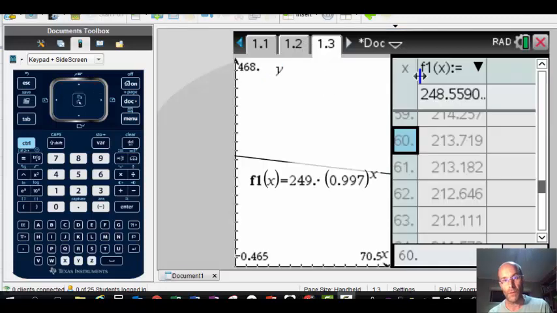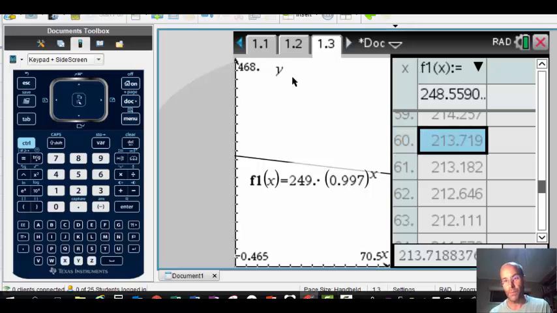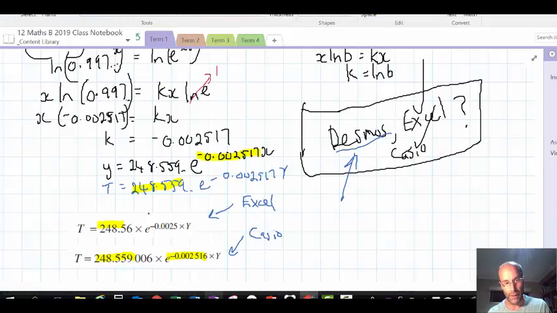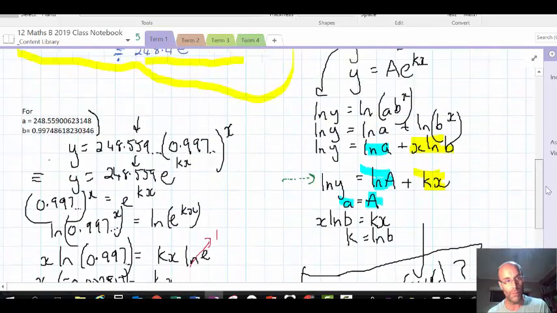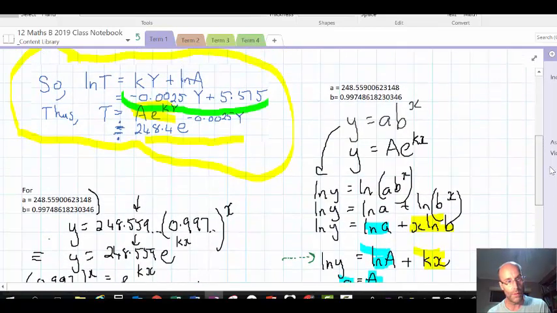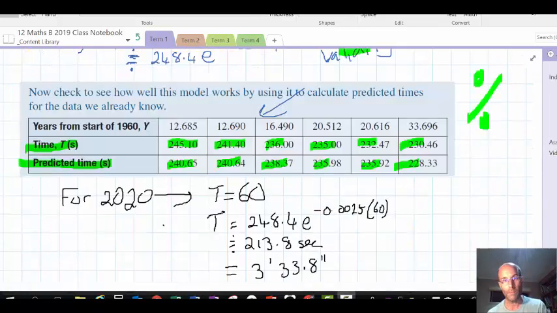So just plotted F1 and got the window right, and found out that was 213.72. So just borrowing that and pasting that in here, hopefully, and comparing that with what we had before.